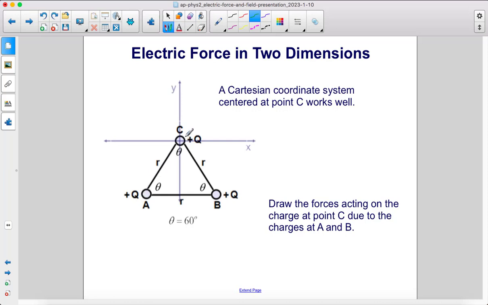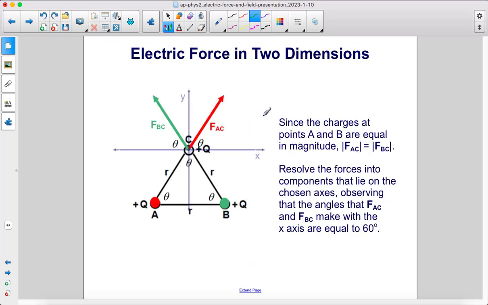So there will be a force this way due to charge A, and there's going to be a force this way due to charge B. And they will be equal in magnitude since they're both a distance r away from this charge, and both of these charges have the same magnitude.